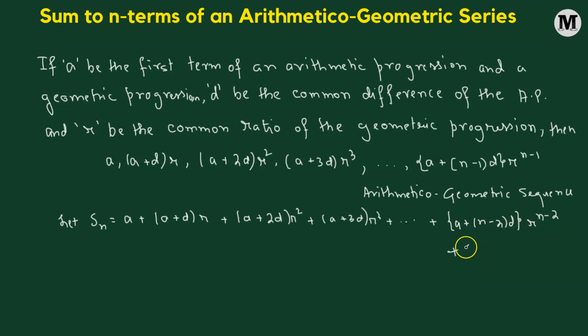And also to it, we are going to add the last term, so that's (a plus (n minus 1) times d) multiplied by r raised to the power of n minus 1.